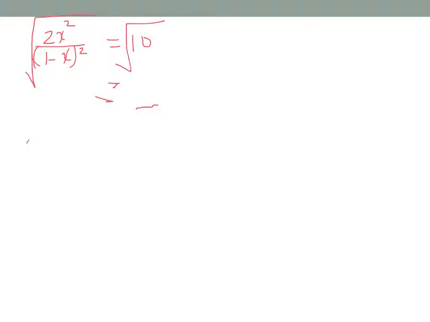And what that will leave us with is 2x over 1 minus x. And then we can rearrange and solve more easily.